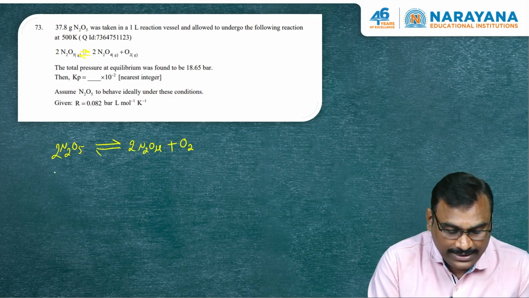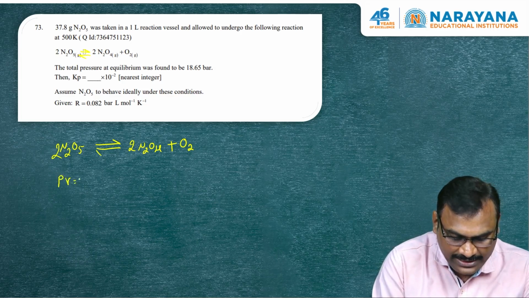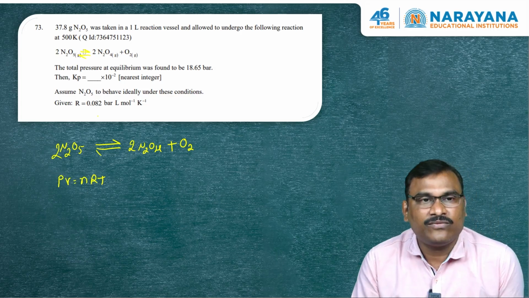Let us see what is the initial pressure. PV is equal to nRT, because he said N2O5 is ideal.